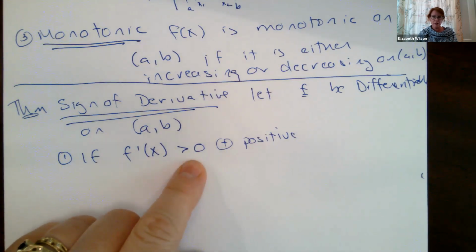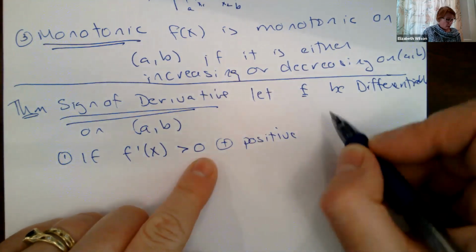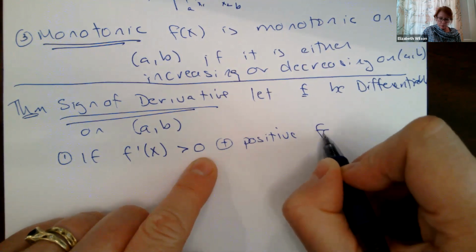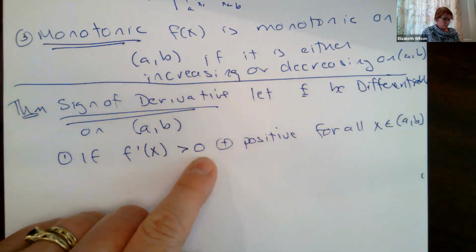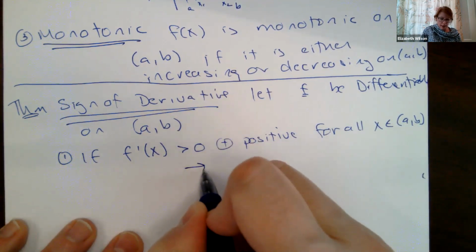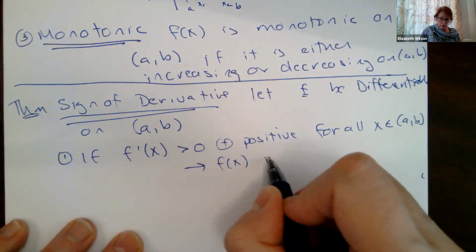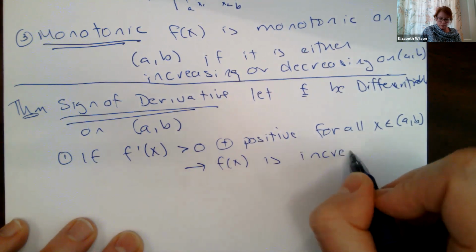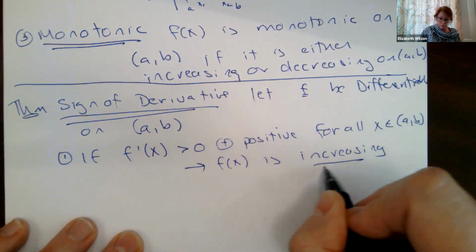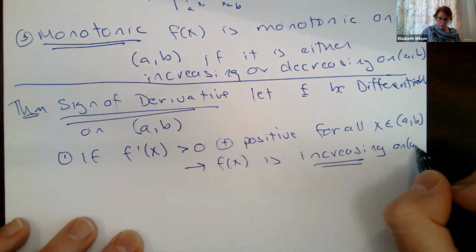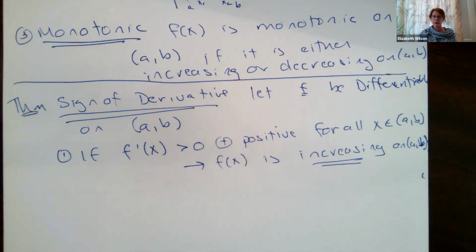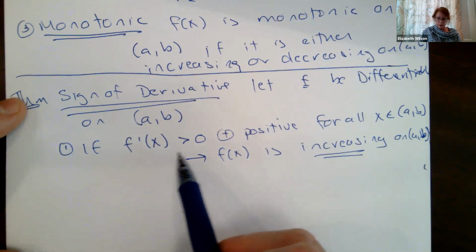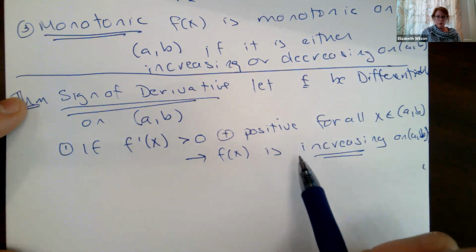If the first derivative is positive for all x along this interval, then we say that f of x is increasing on our interval. Okay, we're only making a commitment to this interval. We're going to talk about how we define the interval in just a minute, so bear with me. Okay, so if f prime of x is positive, then my function is increasing.